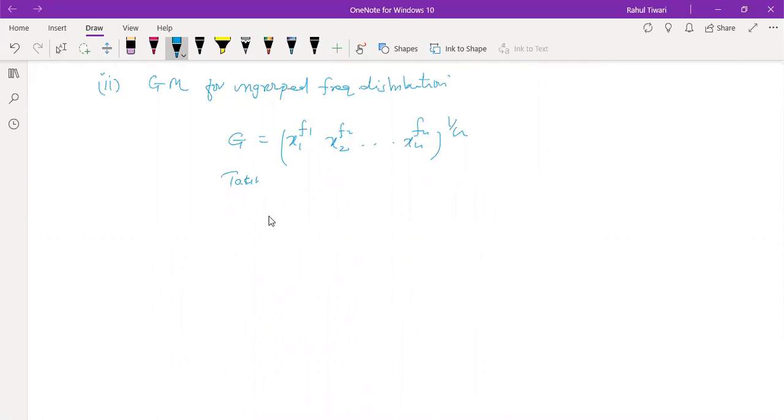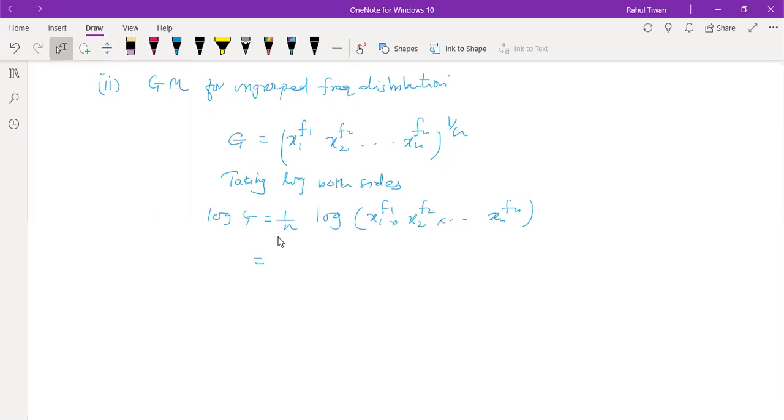Now the whole thing will be the same, taking log both sides. You get log of G is 1 upon n times log of x1 raised to f1, x2 raised to f2, so on xn raised to fn.